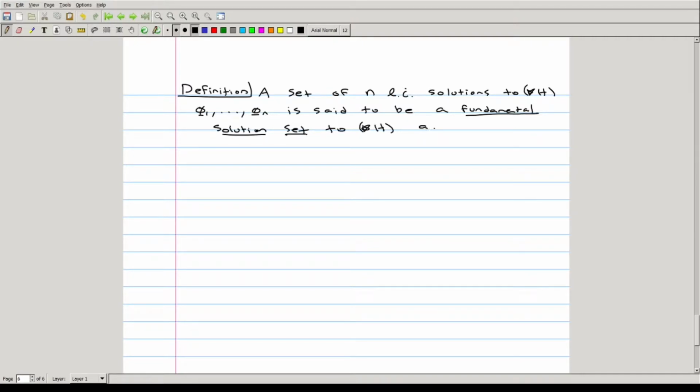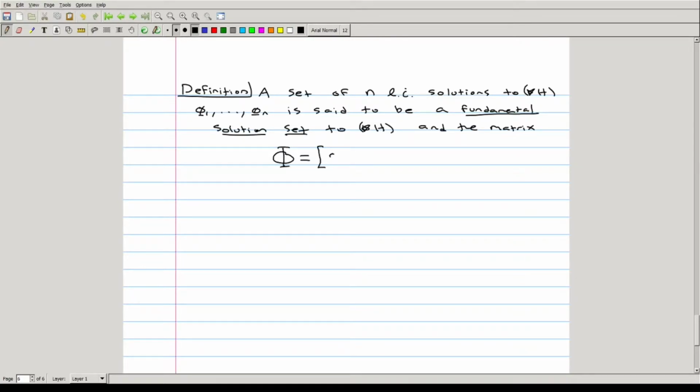And the matrix, we'll call it capital Phi, is built up by taking each one of these fundamental solutions, phi1 through phi(n), and making it a column of the matrix Phi.